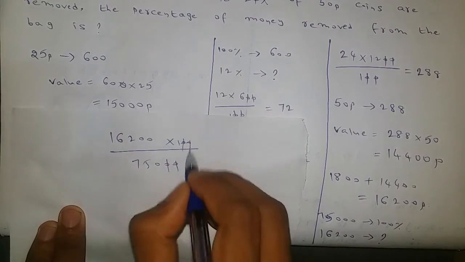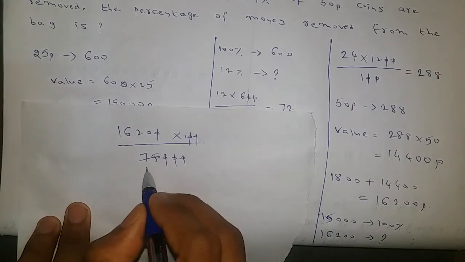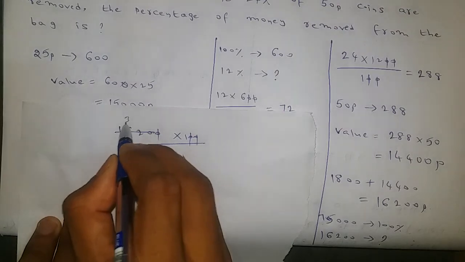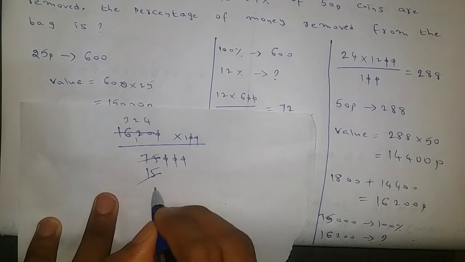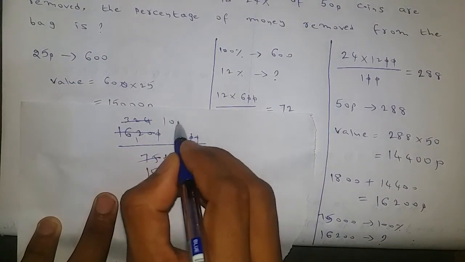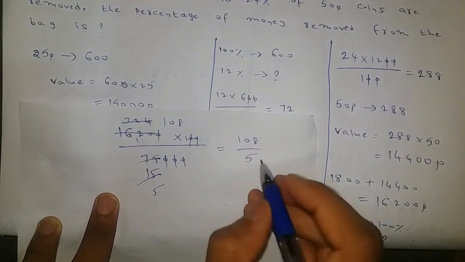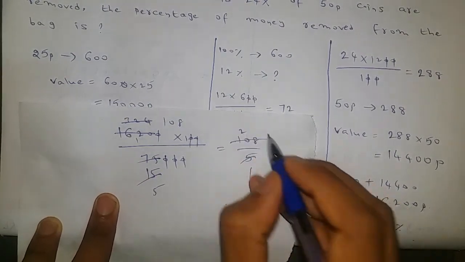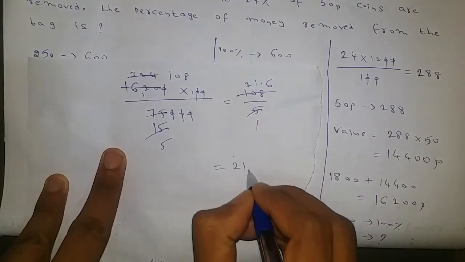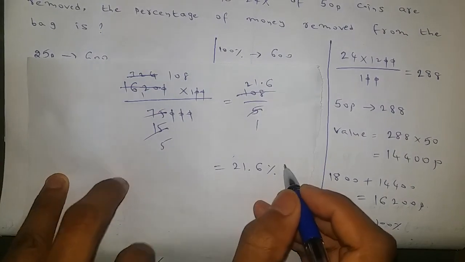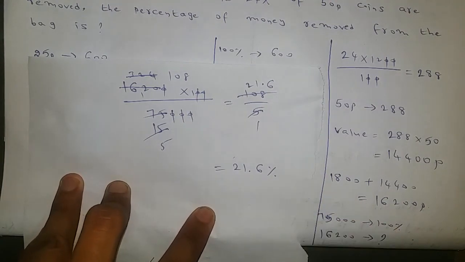Here two zeros and here two zeros cancel, here 0 cancels. So we remain with 108 divided by 5. If we do the division, we will get 21.6. So we removed 21.6 percent of the money from the bag.